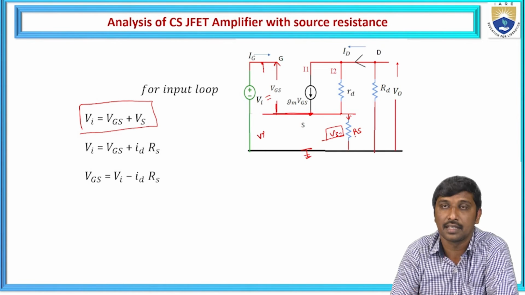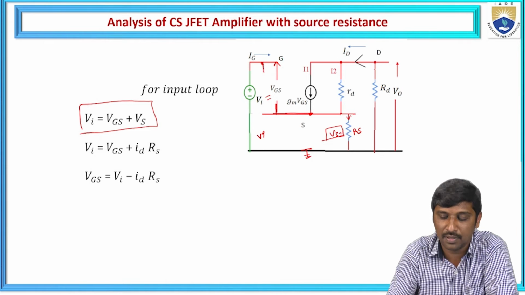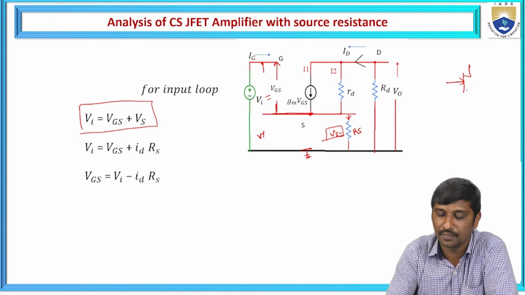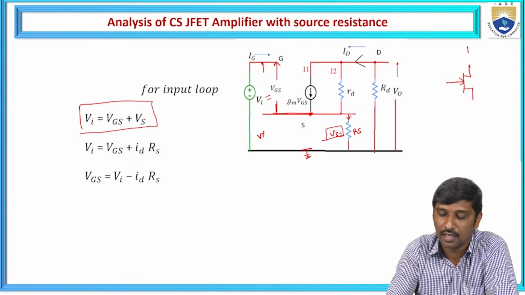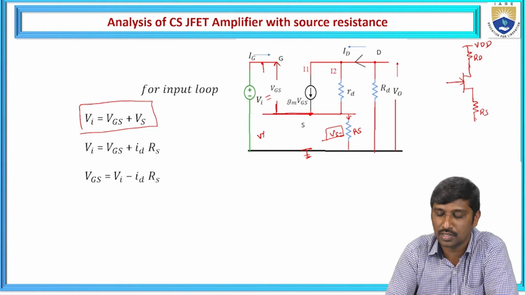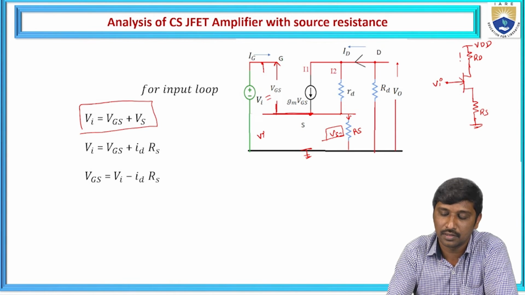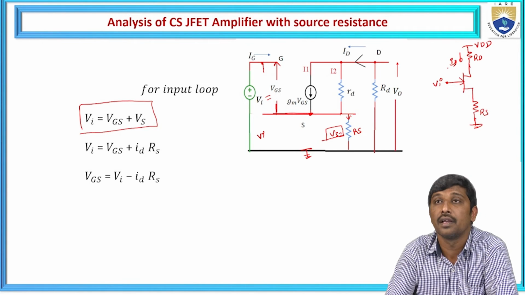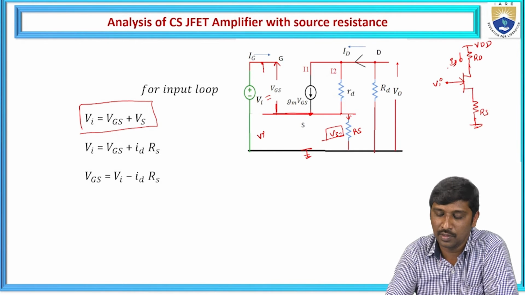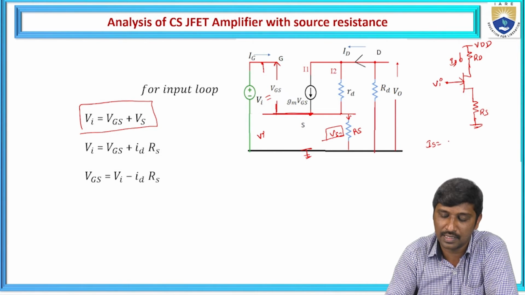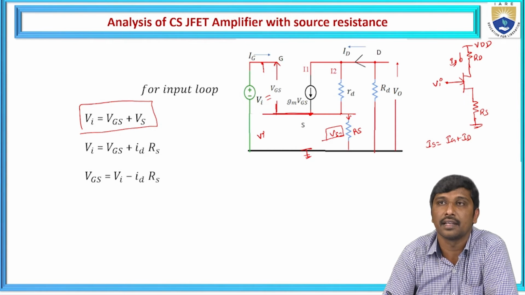Now, what is the Vs? Which type of current flows here? If you observe the JFET amplifier construction, this is the JFET, the external load resistance is biased with VDD, and the source is biased with a source resistance RS, and this is the input. Here a drain current flows, and we know that IS is the summation of the gate current and the drain current.